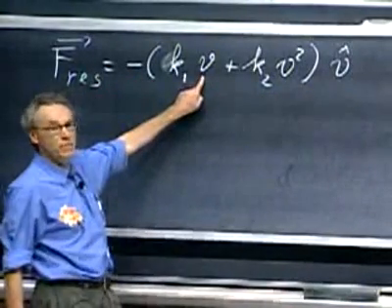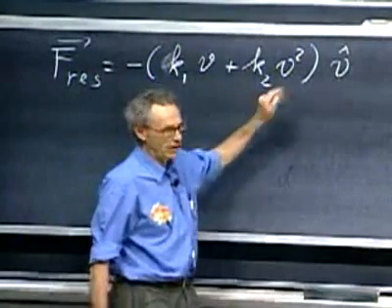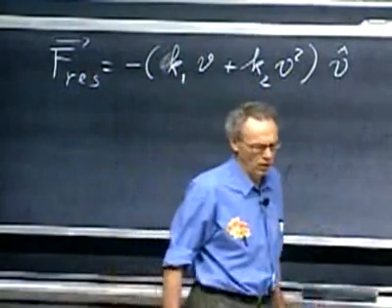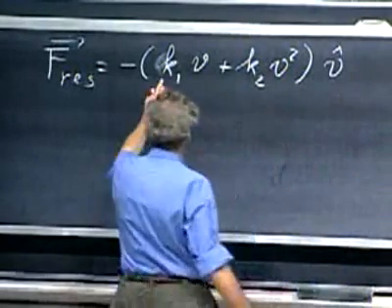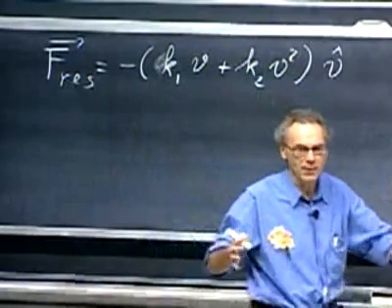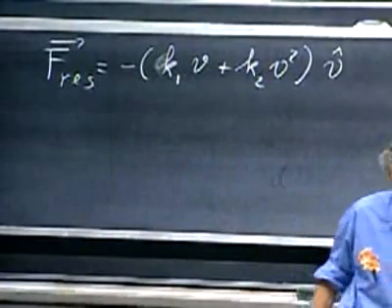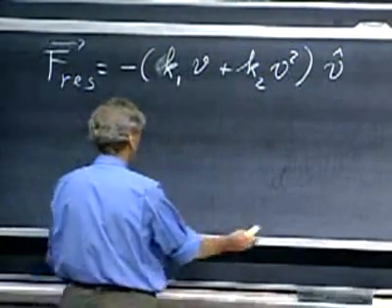This V here is a speed. So all these signs, K1, V, and K2, and obviously V squared, they all are positive values. And the K values depend on the shape and the size of the object and on the kind of medium that I have. Today I will restrict myself exclusively to spheres.